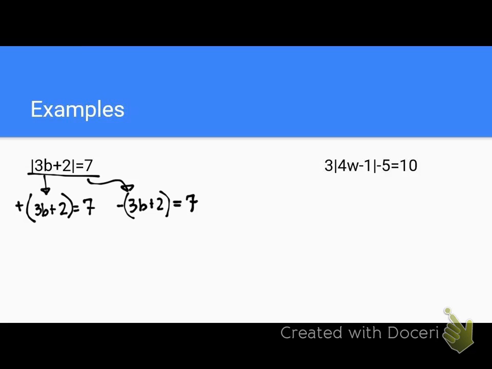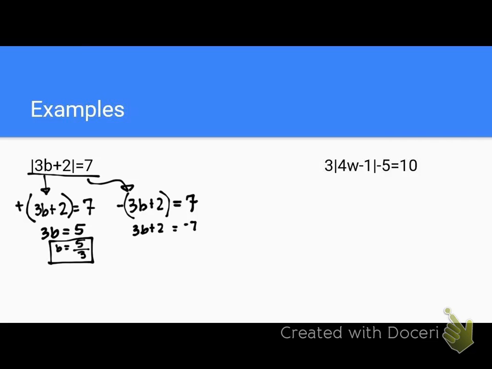Now we're going to solve for this first one here. We need to subtract 2 on both sides, so we're going to have 3b is equal to 5. Divide both sides by 3, you get b is equal to 5/3. So that's your first solution to this absolute value equation. Second solution, we have this negative sign, so we need to divide both sides by negative 1. So we have 3b plus 2 is equal to negative 7.